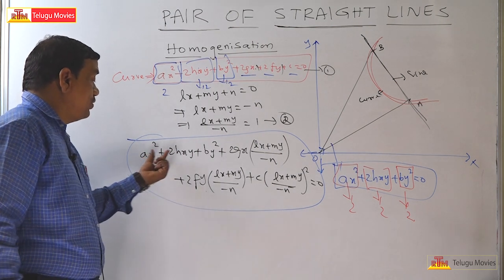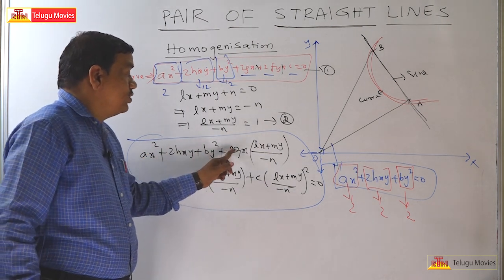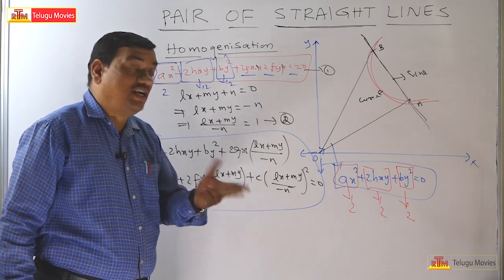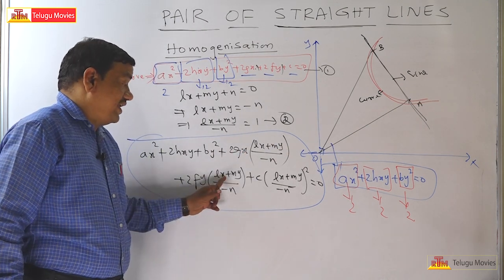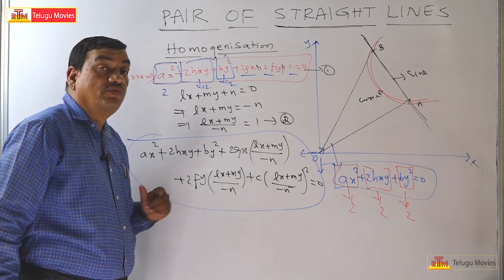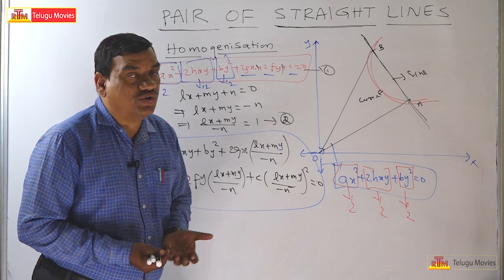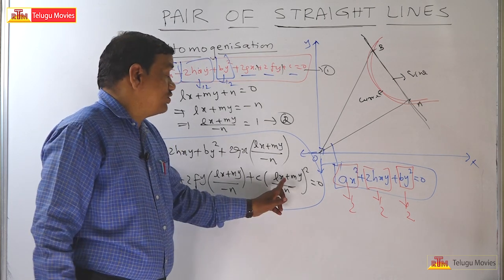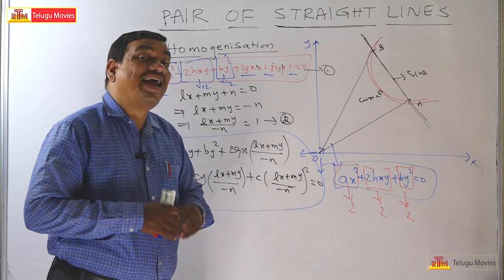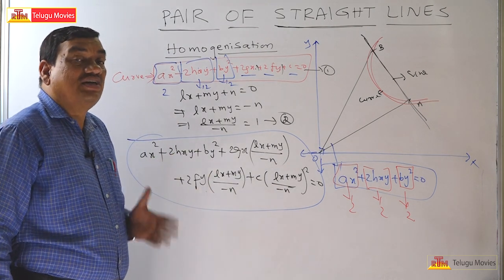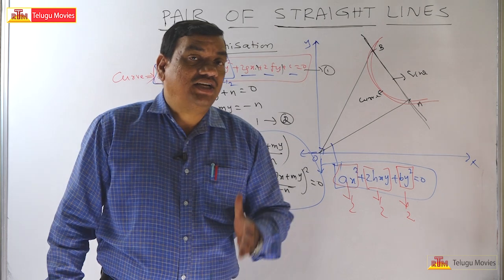This is degree 2, degree 2, degree 2. 2gx into x square, degree 2, x into y degree 2, y into x degree 2, y into y square degree 2. So, Lx plus my whole square, if you expand this, x square you will get, y square you will get, xy term is also you will get. So, everywhere each and every term has the degree 2.